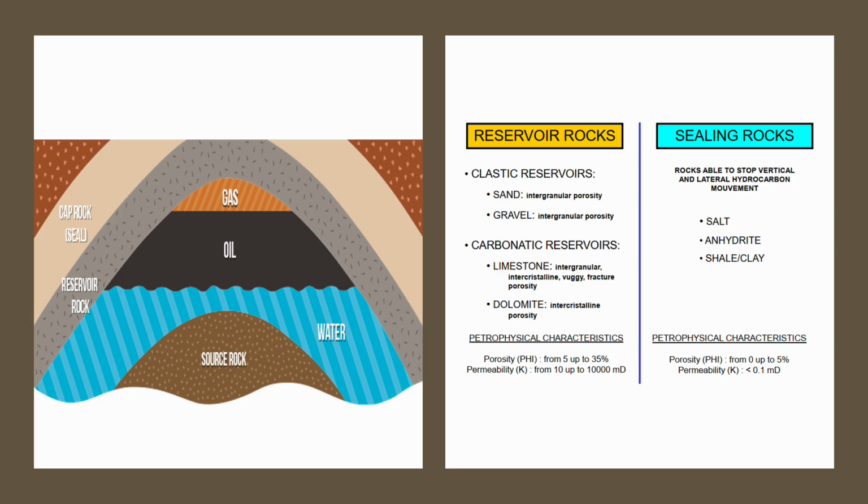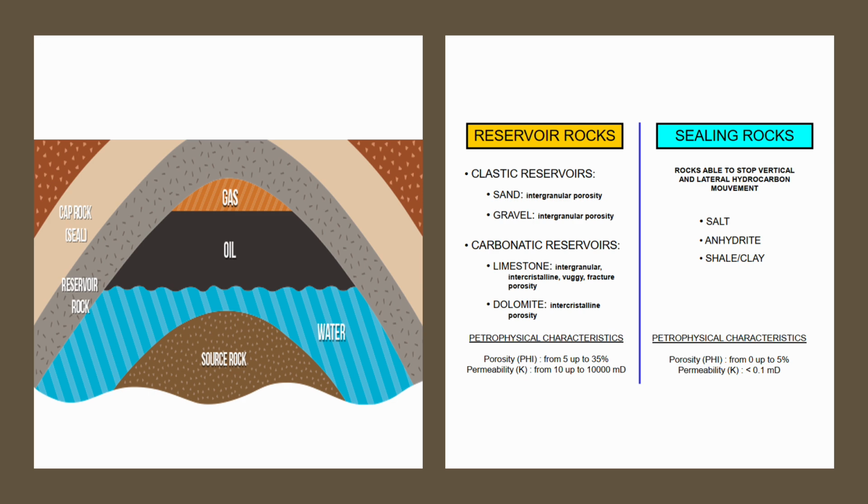In this slide, we'll discuss reservoir rocks and sealing rocks, both of which play a crucial role in oil and gas accumulation. Reservoir rocks store hydrocarbons and must have high porosity to hold fluids and good permeability to allow flow.